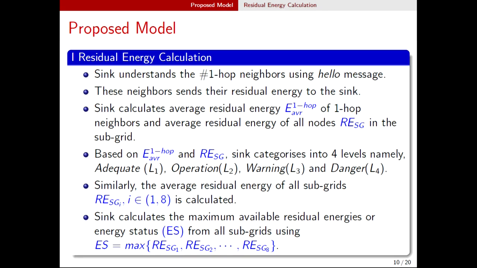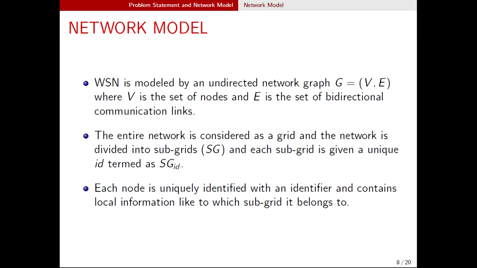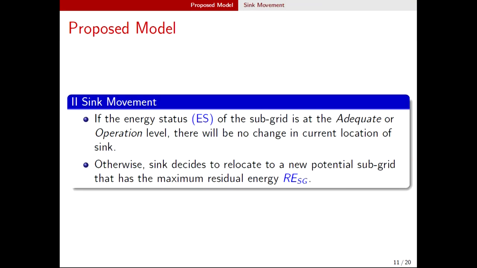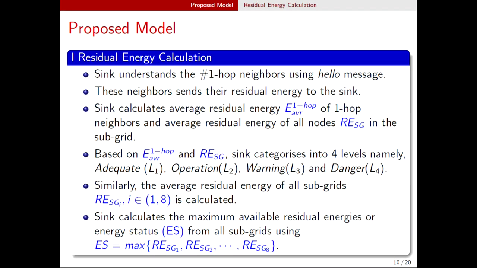Similarly, the average residual energy of the subgrids is RE_SGi for i equal to 1 to 8, since the neighboring subgrids are 8 in number. Each subgrid will calculate its residual energy.